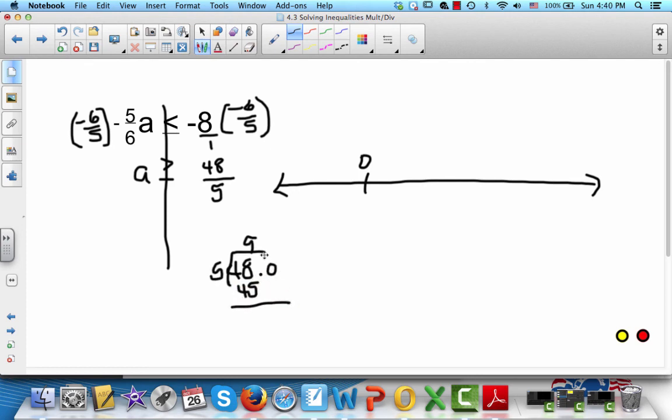Put our 0 there, and 5 goes into 30 six times. So that gives us 9.6. So we come over here, we put 9.6. It says greater than or equal to, so we put our dot, and we go to the right.